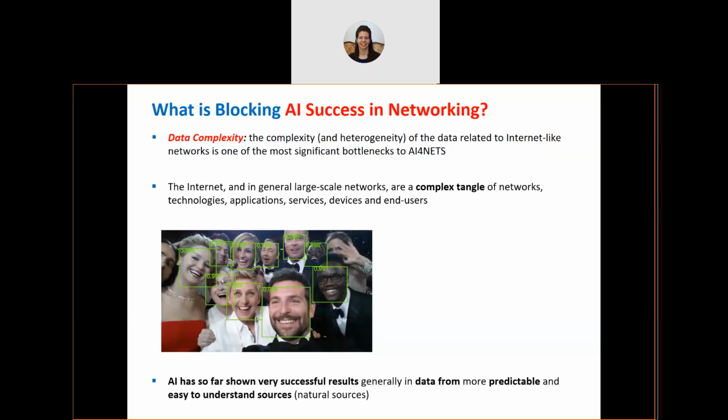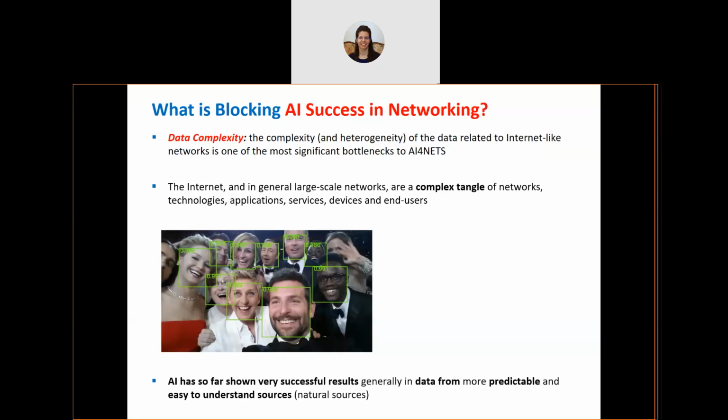If you think about face recognition or image processing, the complexity of the data is quite uniform in the sense that faces are similar all over the world. In general, a face has two eyes, a nose, and even though of course faces are completely different in different countries and so on, the main structure is more or less similar.